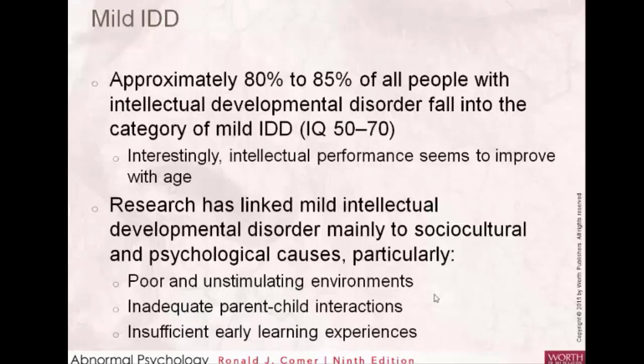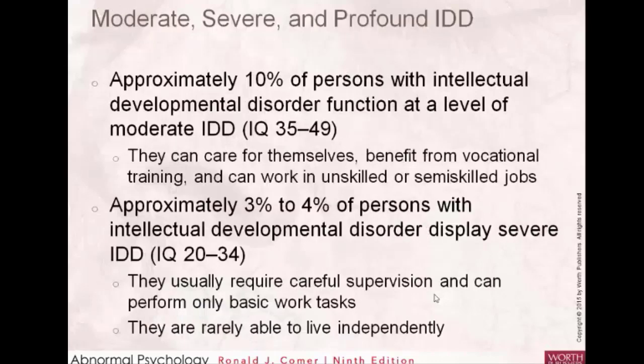But if the person doesn't have a stimulating environment, they'll never meet that full potential. So it's a combination of both the genetics that you receive as well as the environment that you are in. Now, when we talk about more moderate, severe, and profound cases, these are not always, but very often caused by biological genetic issues.